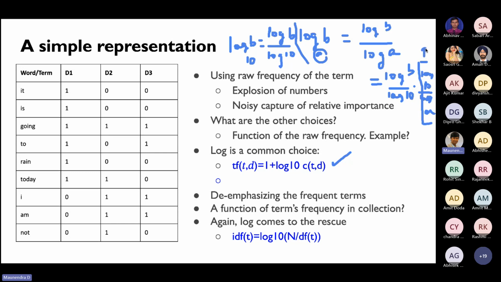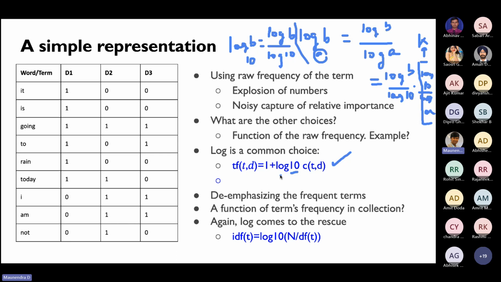So this is nothing but a new constant k. So log b to the base a is equal to a constant times log b to the base 10. It's a simple scalar multiplication, so the strength of representation remains similar.